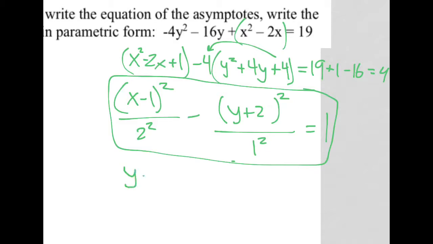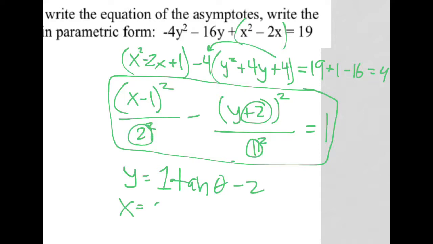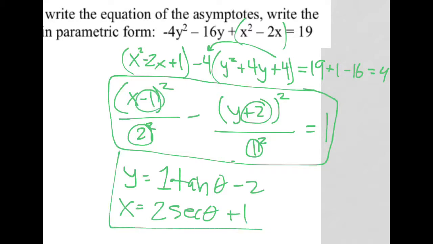So y equals, I know it's going to be a tangent of theta, I know it's going to be a minus 2 from that positive 2 right there, and the coefficient out front is going to be a 1 from that 1 squared. So that tells me that x is then going to be 2 times the secant of theta plus 1. And now I have my parametric equations that represent this hyperbola.